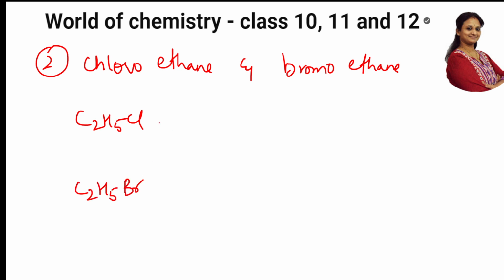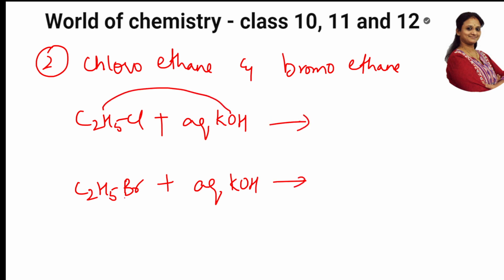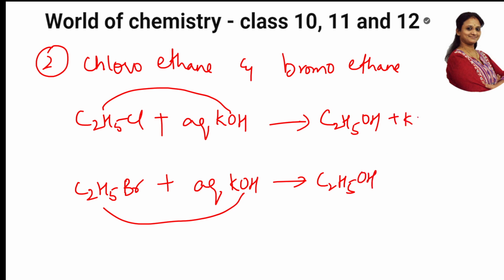What will you add in both? You'll be adding aqueous KOH. Both will form alcohols. Both will form alcohols. But what is the difference? This is your C2H5OH, there's no difference. Now, to this, you will be getting KCl. Here, you will be getting KBr.